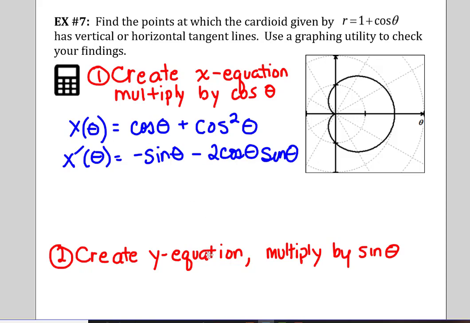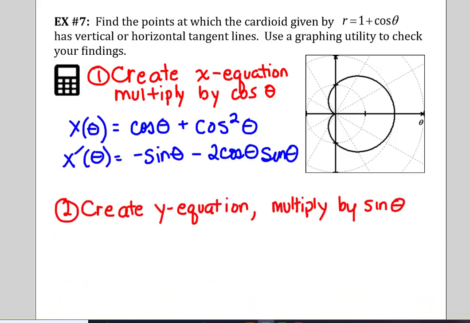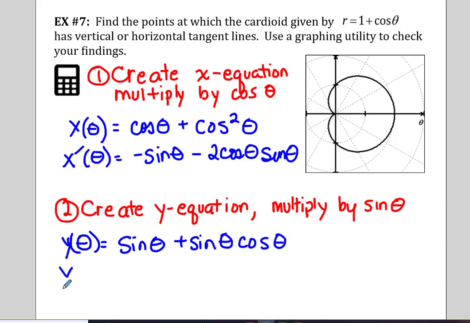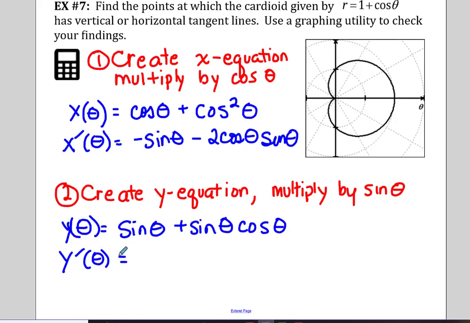Secondly, we're going to create a y equation by multiplying everything by sine. So we're using this equation, and for our y of theta, we're going to multiply everything in r by sine. So we have sine of theta plus sine times cosine. And then we want to take the derivative. So we have y prime of theta, and that's going to be cosine theta. And then we've got the product rule.